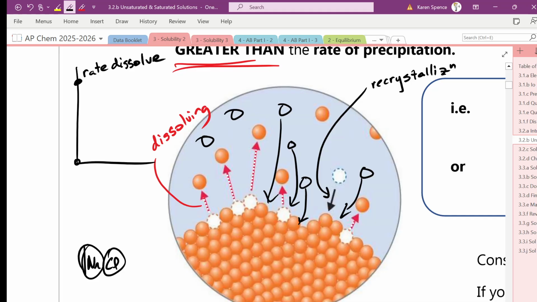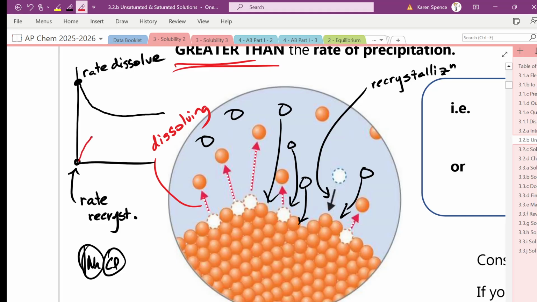The rate of dissolving initially is fast, and the rate of recrystallization is 0. Yes? Because this is an equilibrium, what's going to happen to the rate of dissolving as time goes on? It's going to go down. And what's going to happen to the rate of recrystallization?